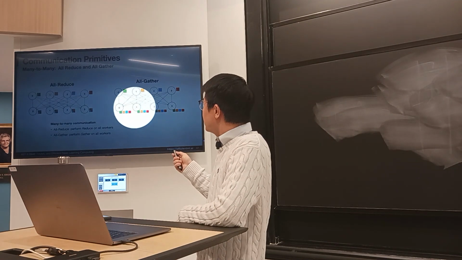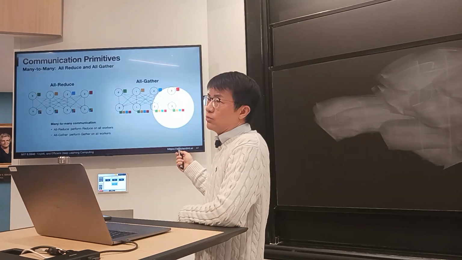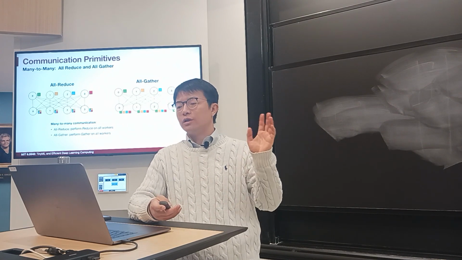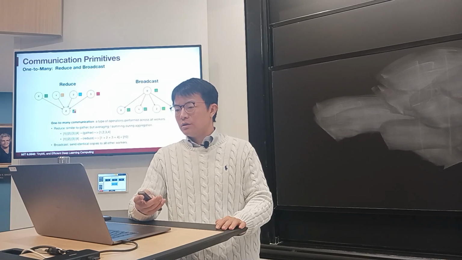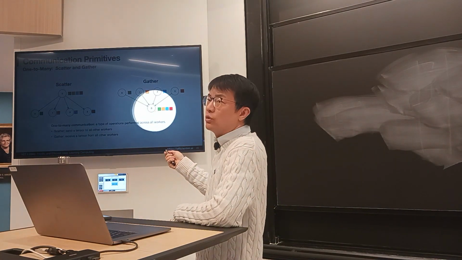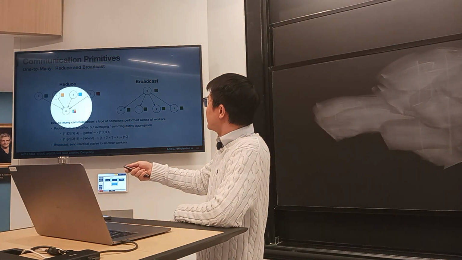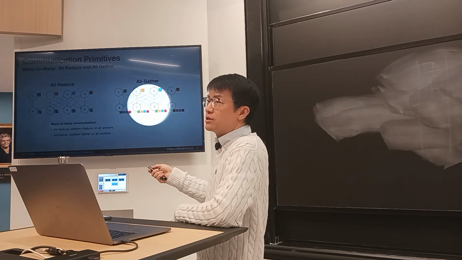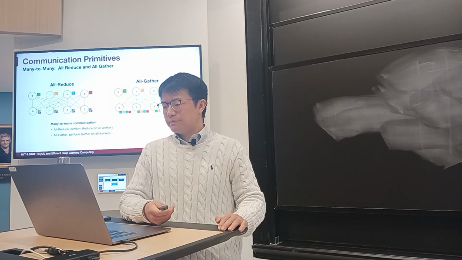Gather on worker 0, gather on worker 1, gather on worker 2, gather on worker 3. So that's the relationship between reduce, gather, all reduce, and all gather. This is reduce, this is gather, just operating on one receiver. Many-to-many is operating on many receivers. Okay, so they share some similar properties.